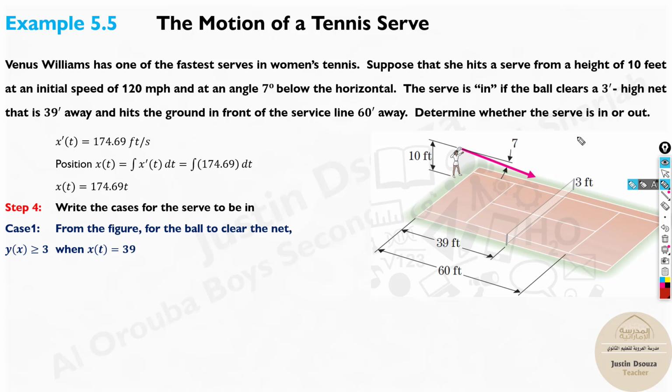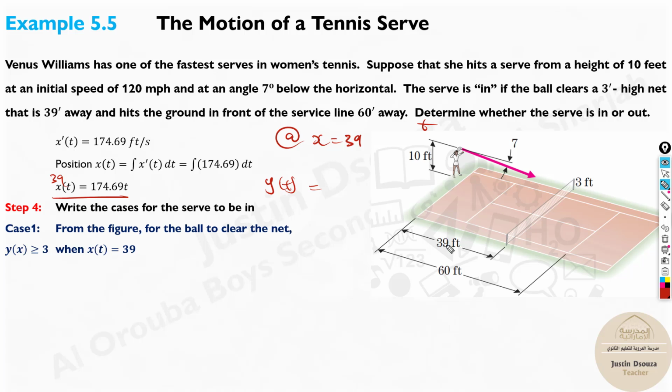So the conditions I'll write. First, we can take x equal to 39 and find the t value. Use 39 over here and find t. Then substitute this t value in the vertical height equation, y of t, and check whether it is more than 3 or less than 3.